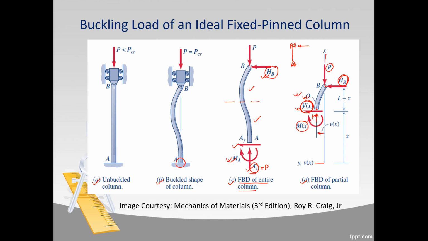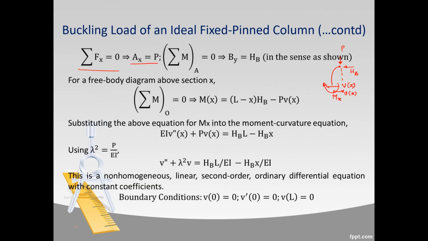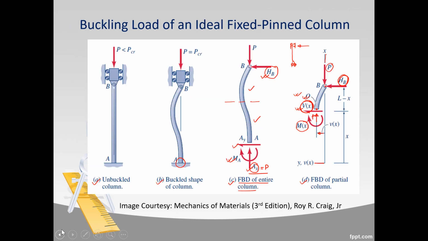This we get as P. And if you sum all the moments about the point A and equate them to 0, you will get the value of By as Hb. That means if you go to your previous diagram, this we have got as Hb here. This is the horizontal reaction at point B, By, and the arrow is showing the sense of this force here.